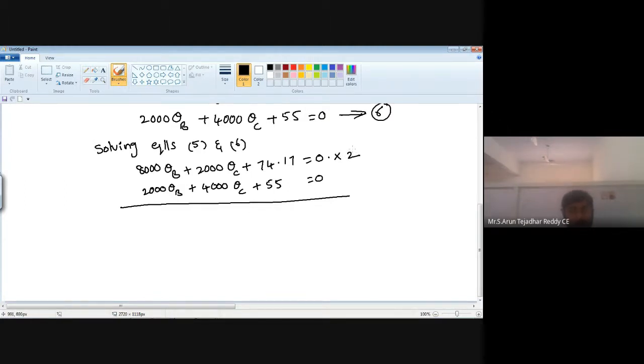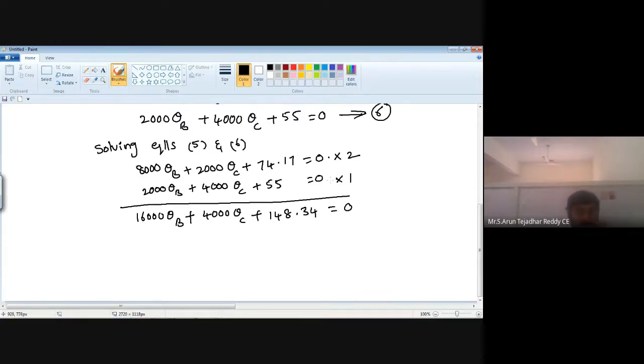Now 2 into 8,000, 16,000 theta B plus 2 into 2,000, 4,000 theta C plus 2 into 74.17, that is 148.34 equal to 0.